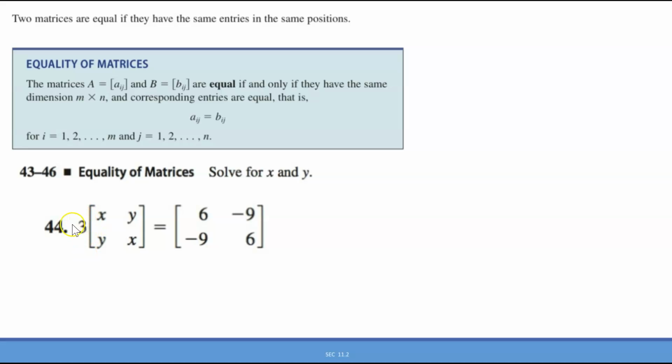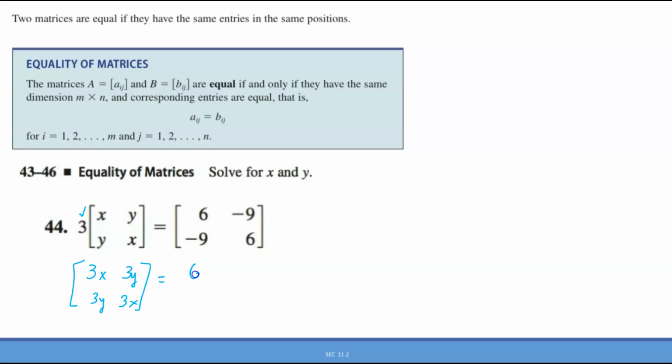What we do with the scalar is we multiply everything on the inside by that scalar. So this actually reads 3x, 3y, 3y, 3x. What we have here is every entry inside the matrix multiplied by this scalar 3.